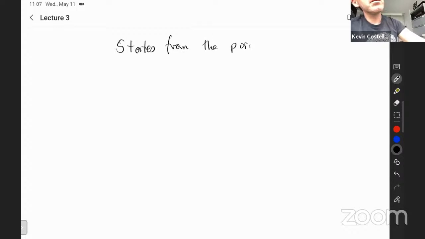Okay, so the topic I haven't talked about so far, which I'm going to have to spend more time on tomorrow, is states from the point of view of holography of the topological string.